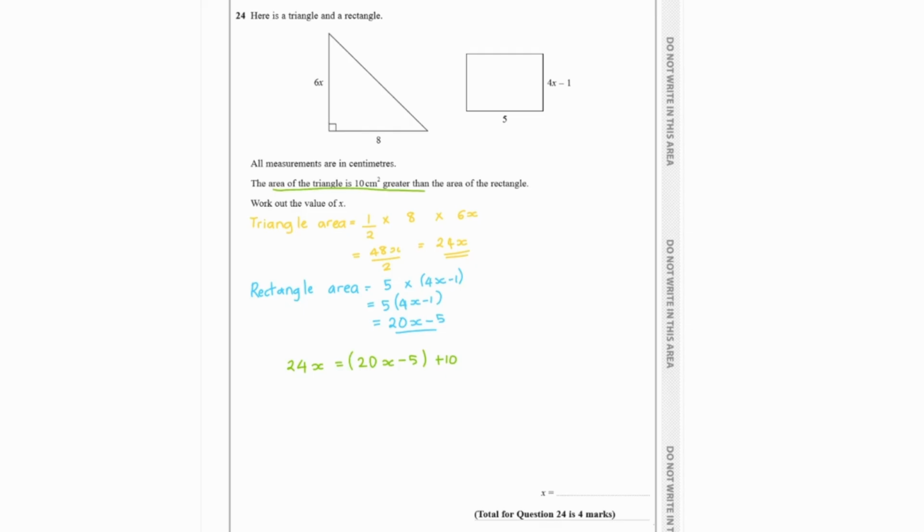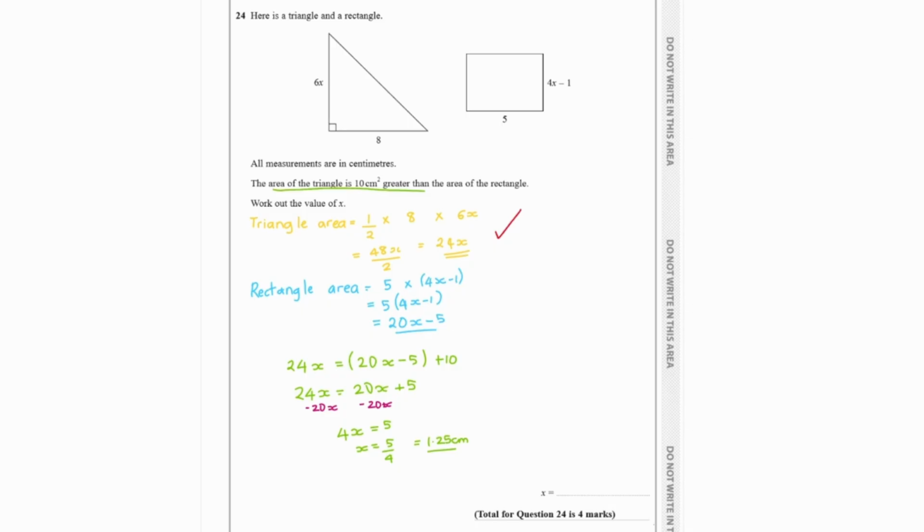We can now simplify the right-hand side by writing this as 24x is equal to 20x, and we can simplify the minus 5 plus 10 and write that as plus 5. We can then minus 20x on both sides, which would make it 4x is equal to 5, and therefore x would be equal to 5 over 4, which is the same as 1.25.